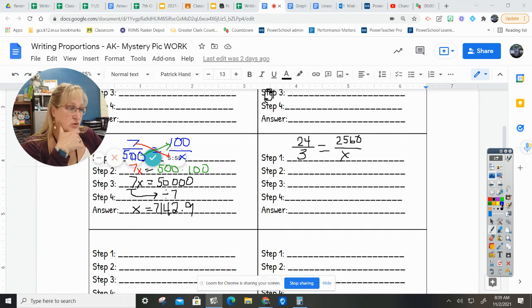Now again, I'm using cross multiplication. That is step 2 to rewrite it. So I'm putting 24 times x on one side of the equal. Then I'm putting the 3 times the 2,560 on the other.